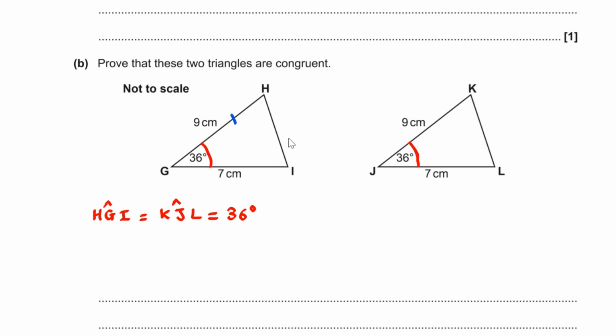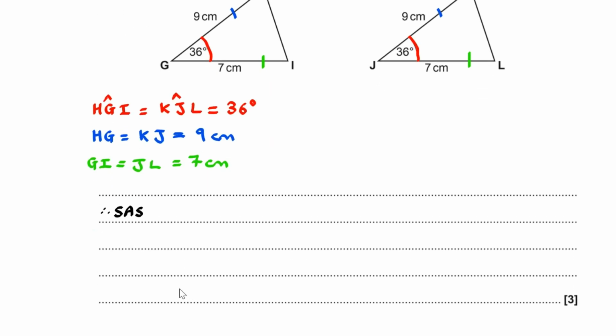You can also see that this is equal to this, so HG equals KJ, which equals 9 centimeters, and you can also see this equals this, so GI equals JL, which is 7 centimeters, and therefore what we can conclude over here is we have side, angle, side, and therefore we can conclude that they are congruent.